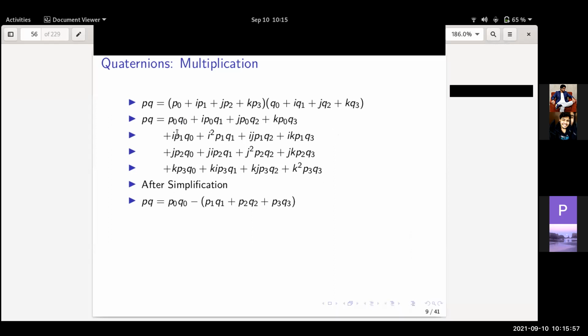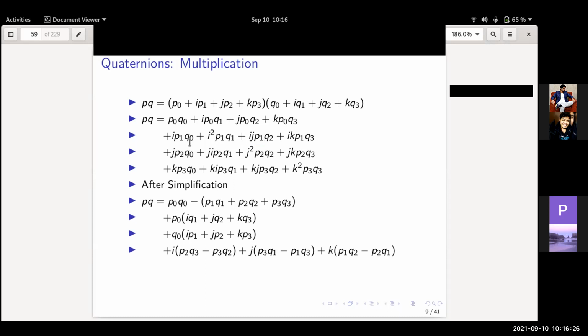Similarly, if you look at this vertical location, q naught multiplies ip1 plus jp2 plus kp3. p naught multiplies something, q naught multiplies something, and then the rest of the terms are the combinations. That is, ij is nothing but k. So this will become k times p1 q2. Similarly, other quantities.